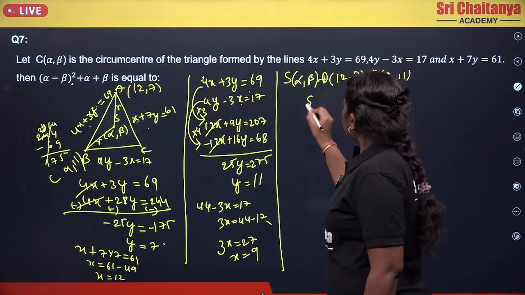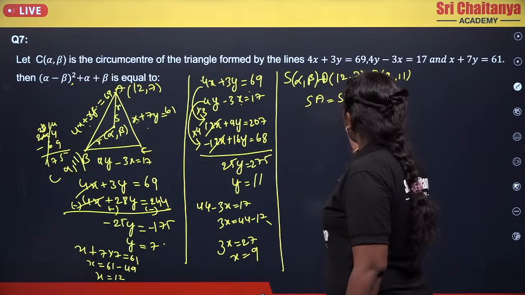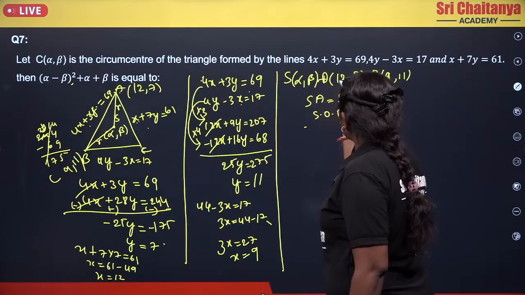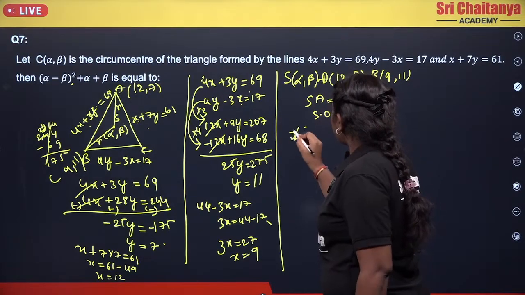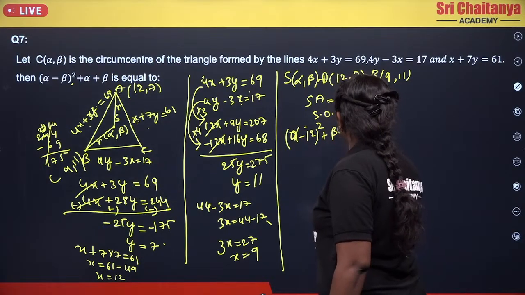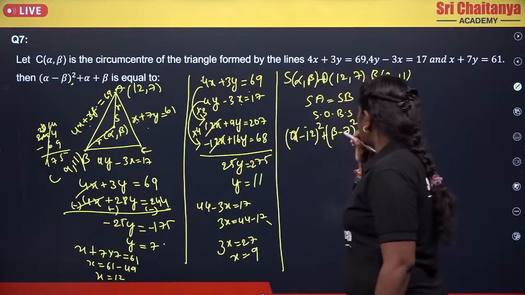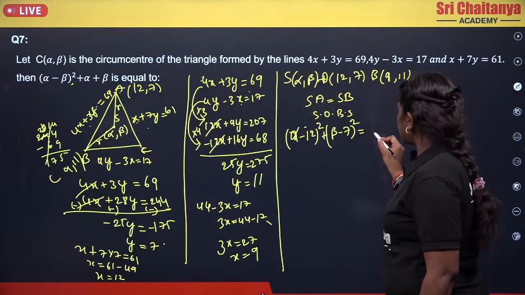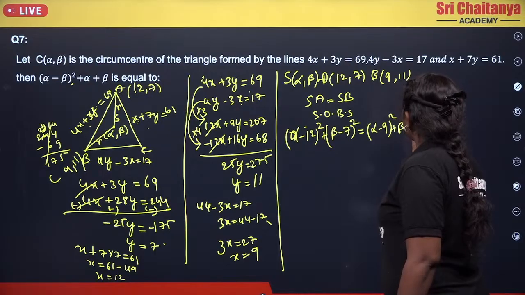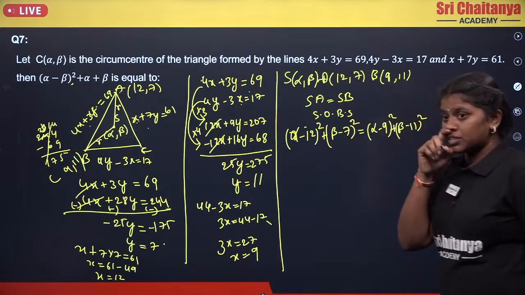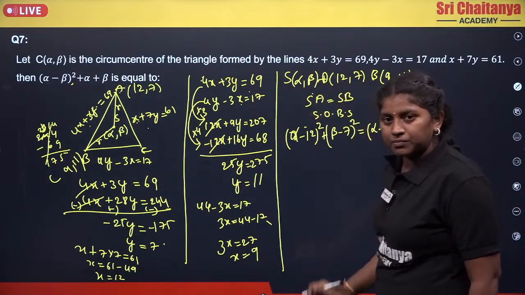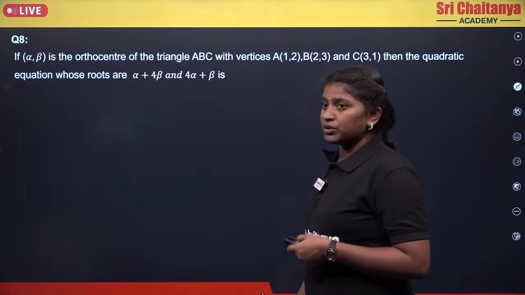Now from this we can take SA equals SB, and squaring on both sides, we will be getting alpha minus 12 whole square plus beta minus 7 whole square equals alpha minus 9 whole square plus beta minus 11 whole square. If you simplify this, you will be getting your required points alpha and beta. Clear everyone?